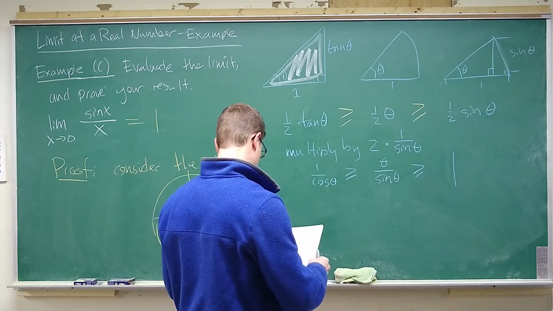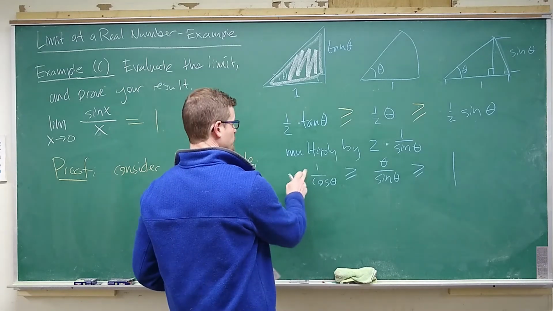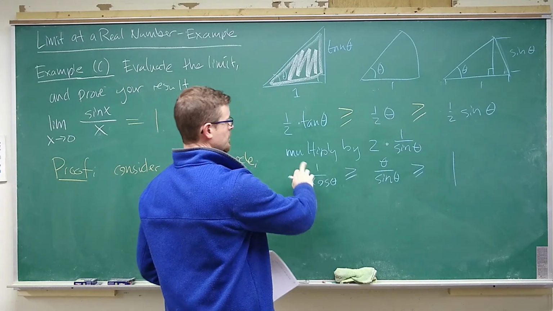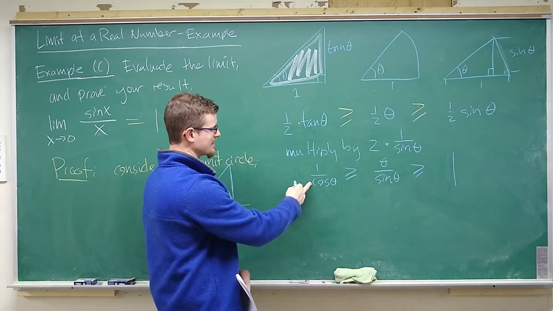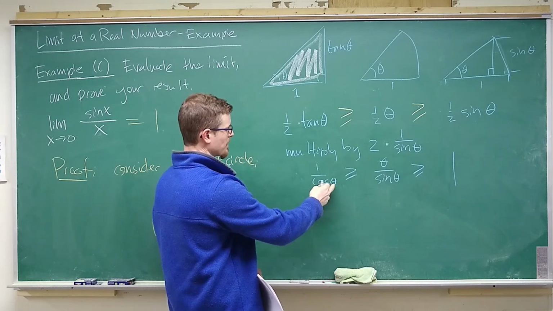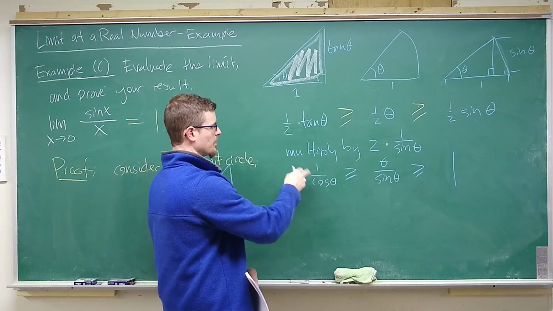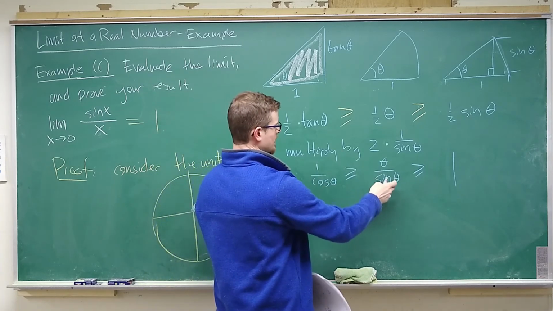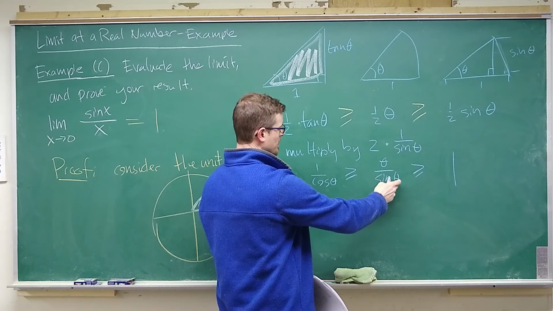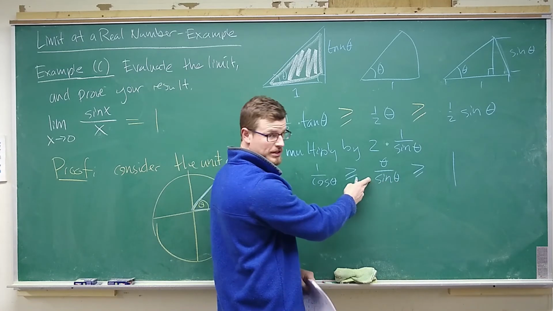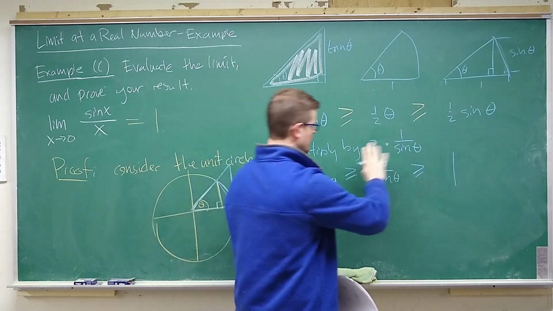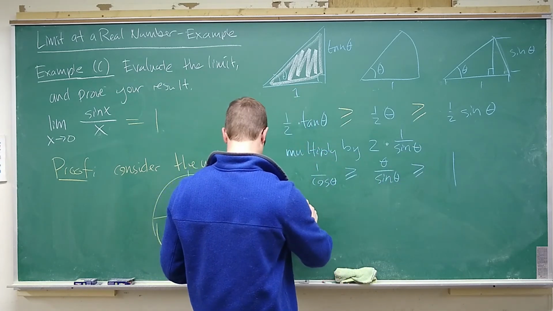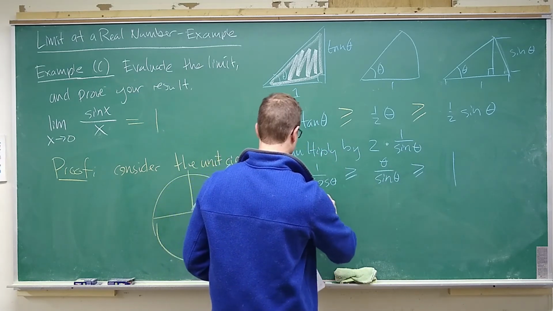Once we're here, we don't have any issues because cosine is an even function. So whether we're plugging in a negative number or positive number, we'd end up with the same thing. And here, sine is an odd function, so when we plug in a negative, that pulls a negative out front, but then we have a negative because the theta is negative. So everything works out well here in order for us to take the reciprocal.